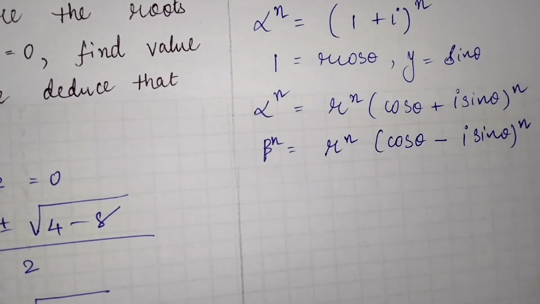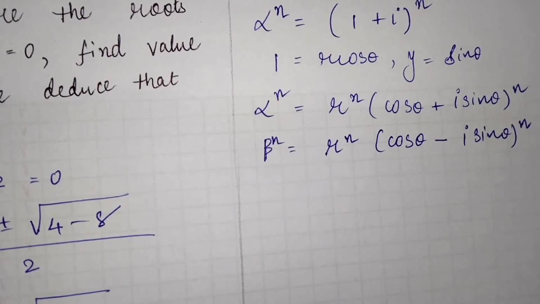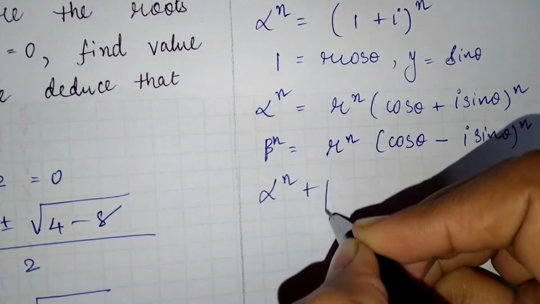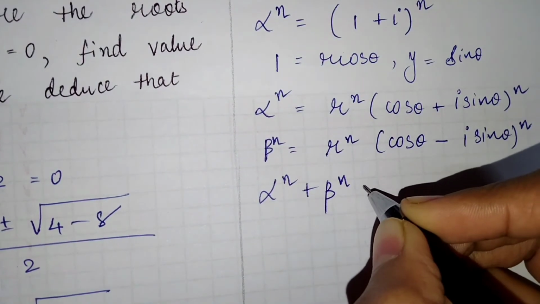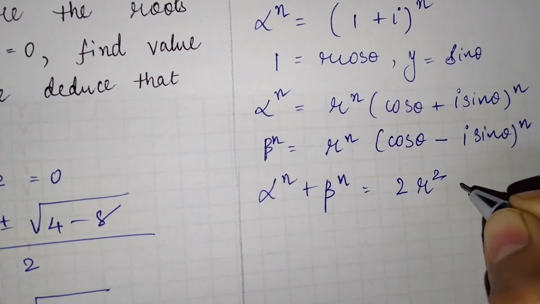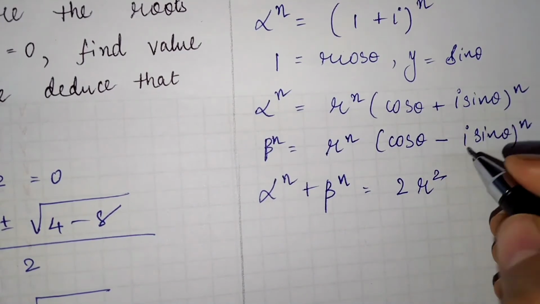So we got alpha raised to n and beta raised to n, but we have to find the value of alpha n plus beta n. So we will add both the terms. So we will get 2r raised to n, and this term will get cancelled.